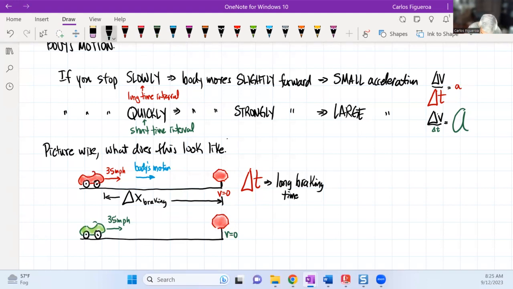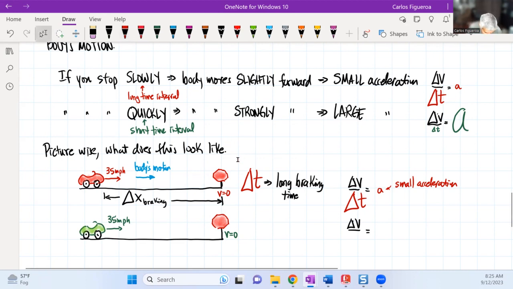So in each of these situations, my change in velocity in both of these is exactly the same. I'm going from 35 miles an hour to 0. But this guy is happening over a large time interval. So therefore, I have a small acceleration. And I feel the small acceleration because my body's motion is just slight.